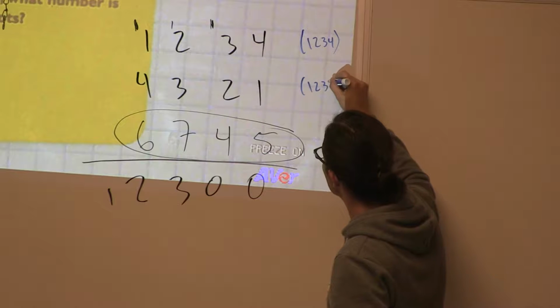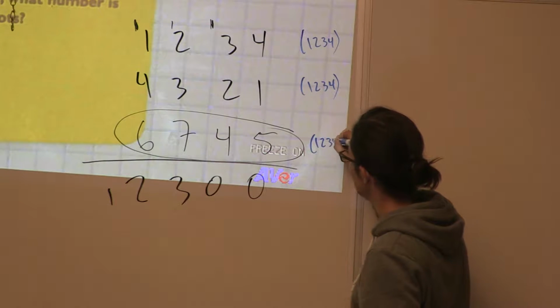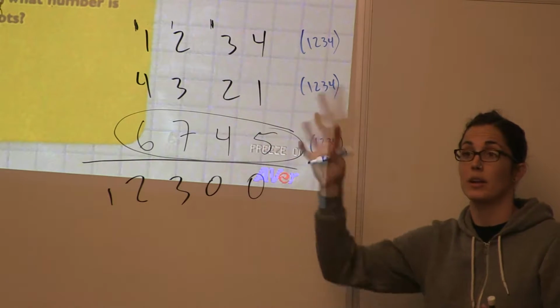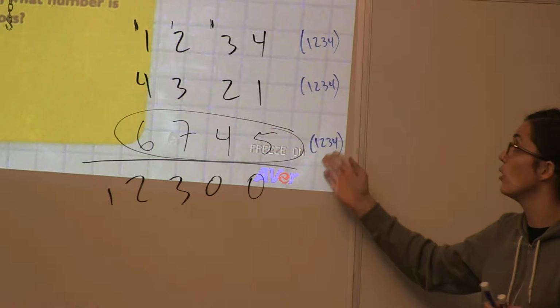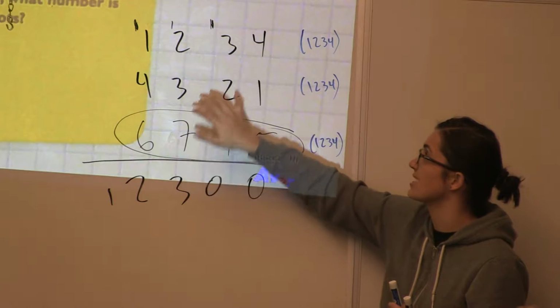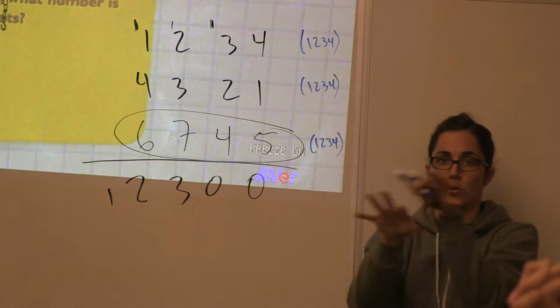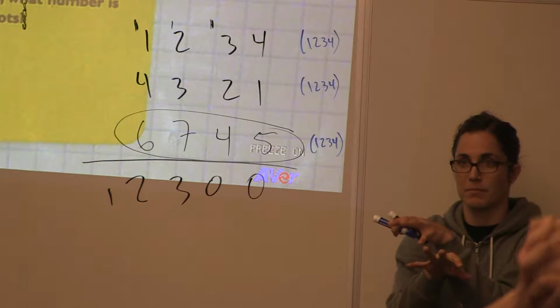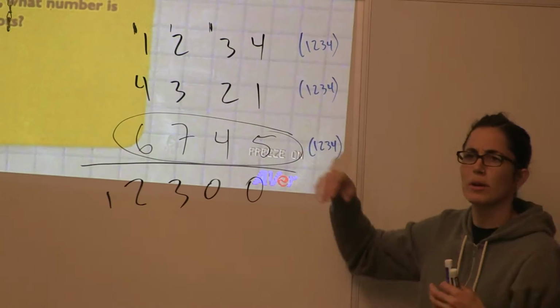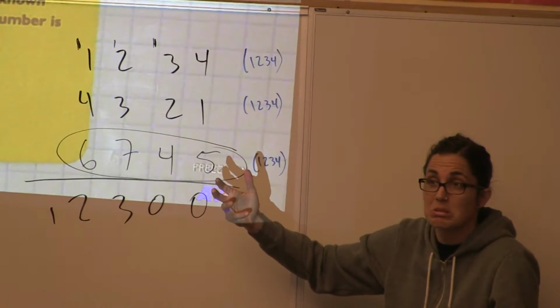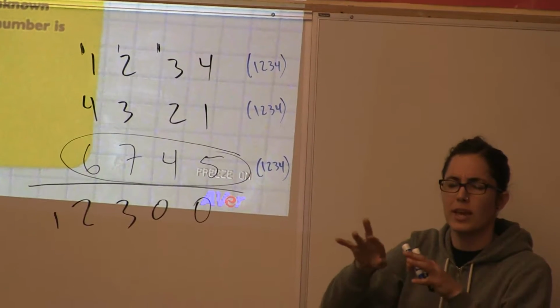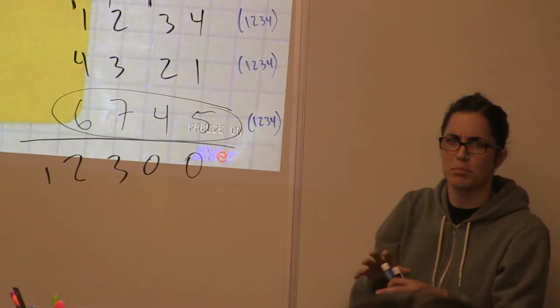This one is going to have to use 1, 2, 3, 4 in a different order. You'll know you're right when these four numbers are the same as these ones in a different order. It's meant to make you confused. So just try working through another guess and see if you can fit it together.